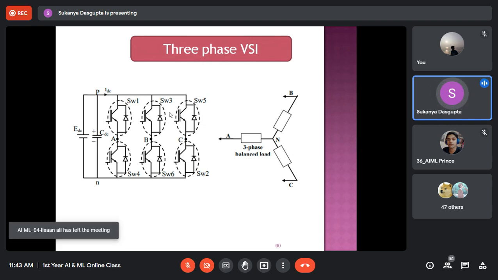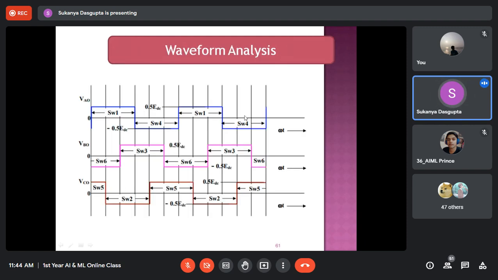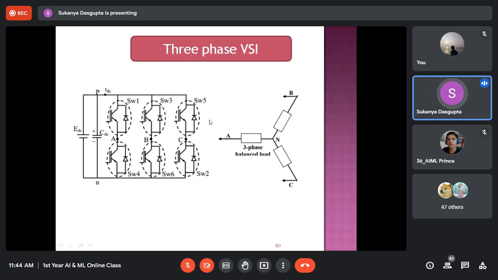The top switches present in the three-phase inverter topology will always be marked by these numbers 1, 3, 5. Follow the sequence always. Whereas the lower switches will be marked as 4, 6, 2. Because based on these markings, the suitable gate signals will be designed. If you change the sequence, definitely you need to change the control circuit also.